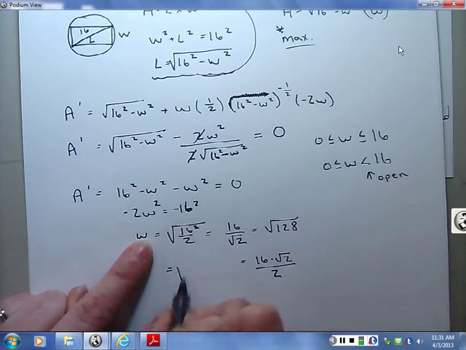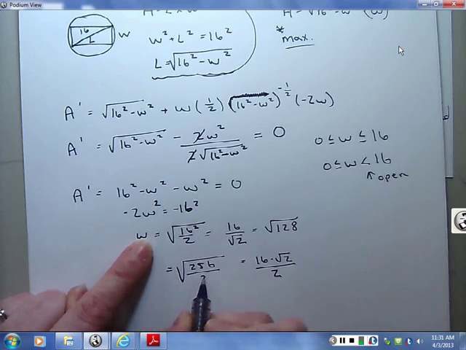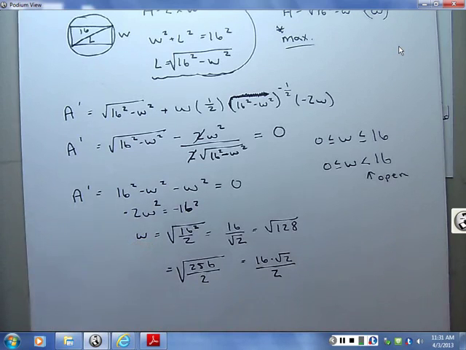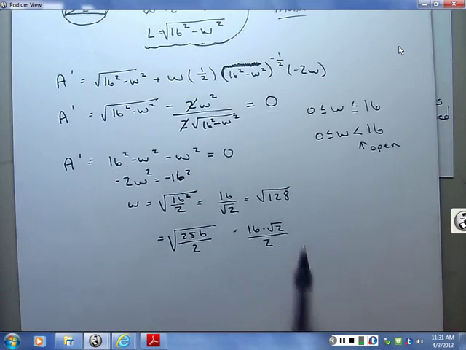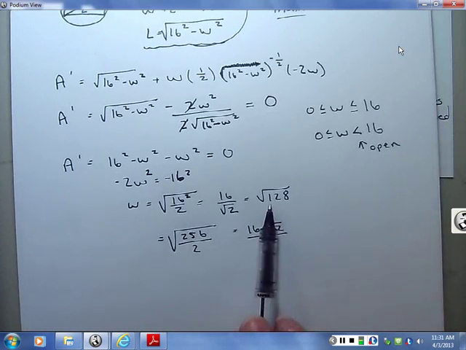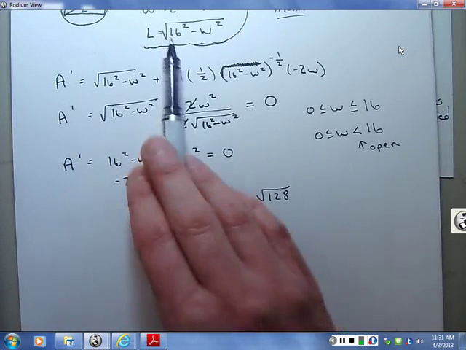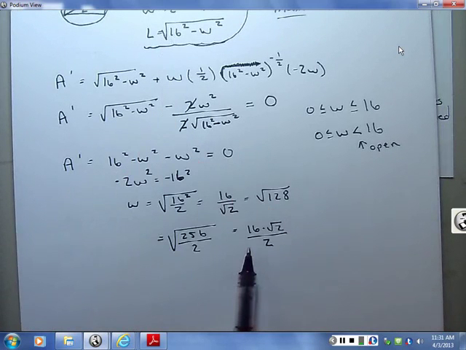So this could be 256 over 2, which is the square root of 128. Any way you write it, Wiley will accept it. This will be nice because when I go to find length, it's going to be the same thing. It's the square root of 128, which is exactly what we expected, right?